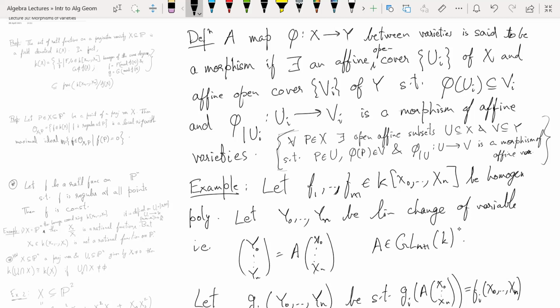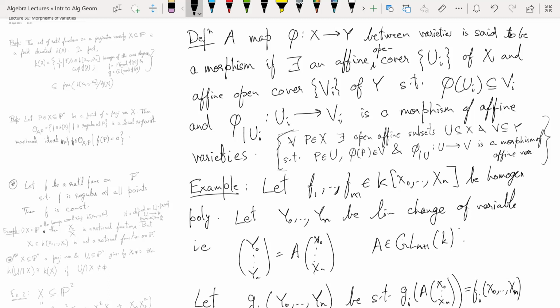The original definition implying this is clear, and even the other way is okay, but that requires maybe some argument. Okay, so this is what morphisms of varieties look like. Maybe let's see some examples of morphisms of projective varieties.